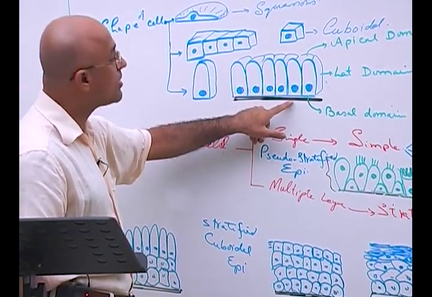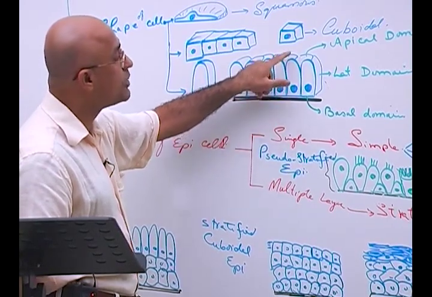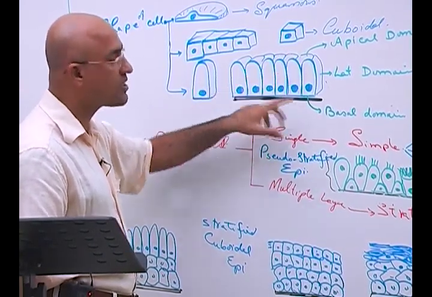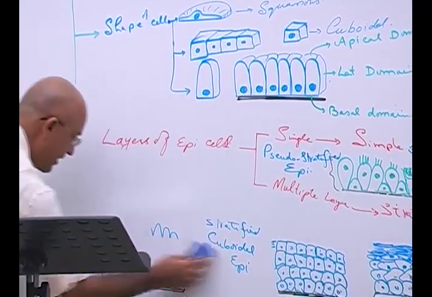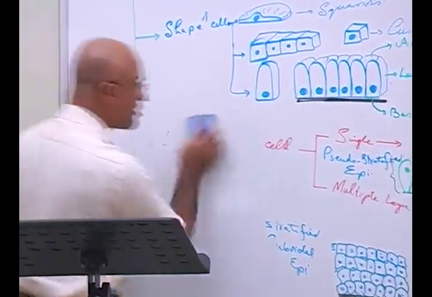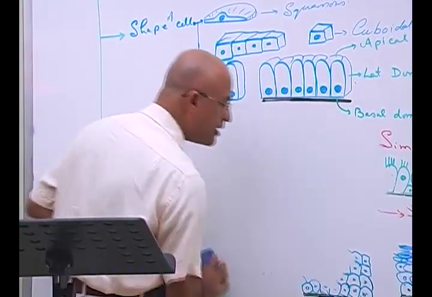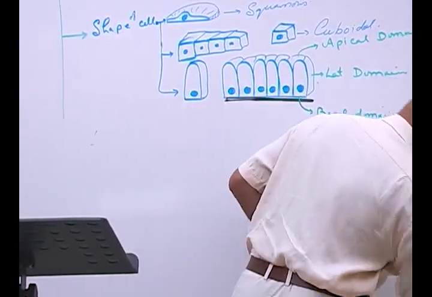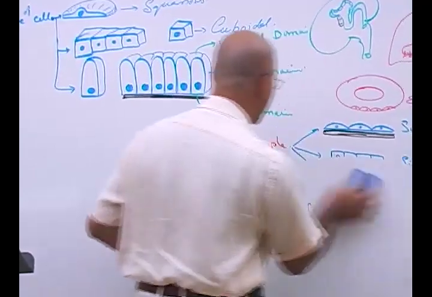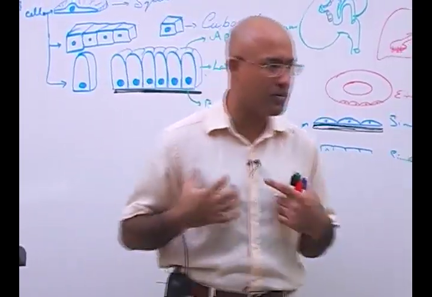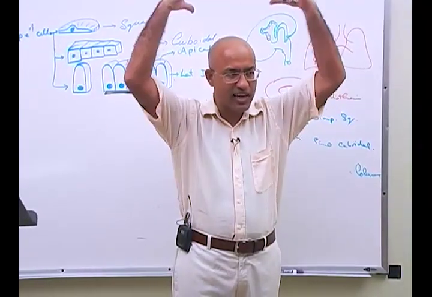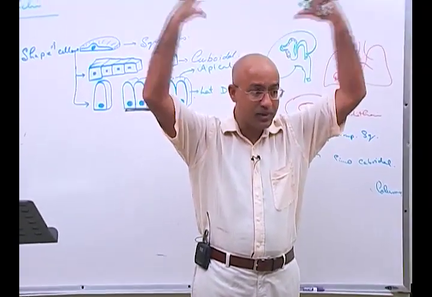So I will talk now about the different domains of the epithelial cells with specialized features, because different surfaces of the epithelial cell have different types of features, so epithelial cells are not the same on all sides. If I'm one epithelial cell, the features here are different, the apical features are different.